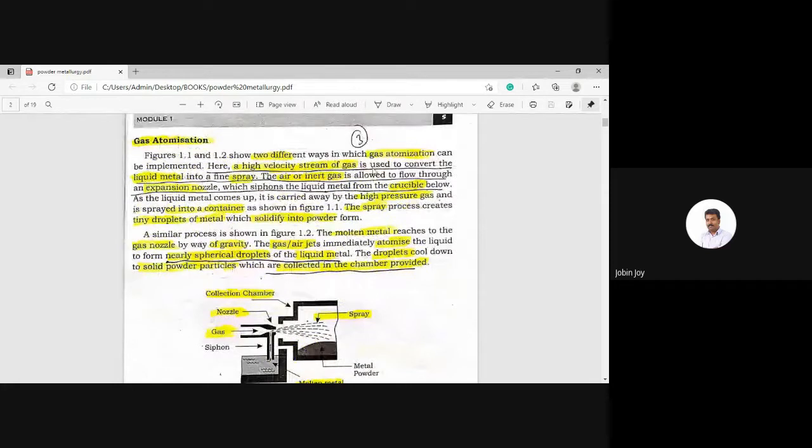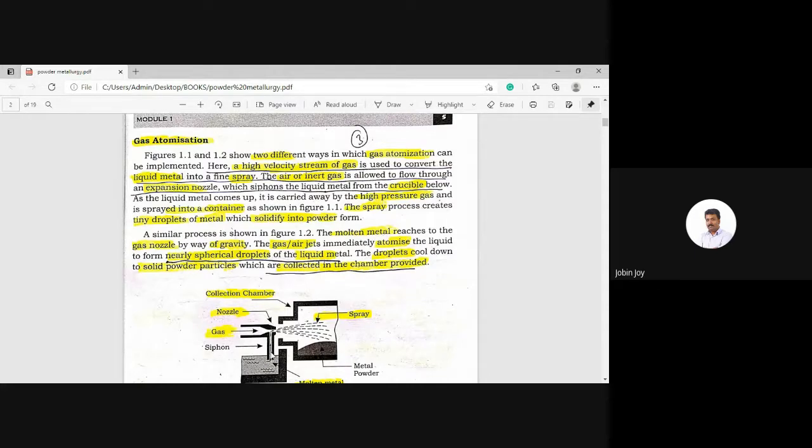Here a high velocity stream of gas is used to convert the liquid metal into a fine spray. The air or inert gas is allowed to flow through the expansion nozzle, which siphons the liquid metal from the crucible below.